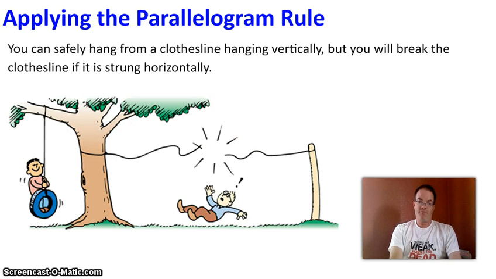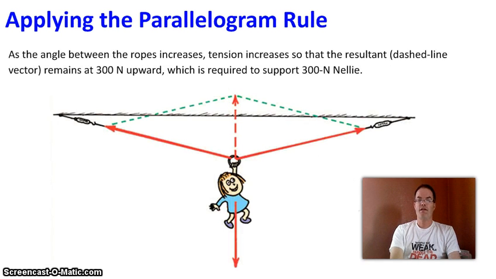What we can conclude from this is that if you are taking a piece of rope and hanging it vertically, that rope that can hold on to you wouldn't necessarily hold on to you, or in other words, it would break if you tied it between 2 points like this and then hung on to it. As you saw in the previous slide, the force vector increases dramatically when we move those 2 points away from each other.